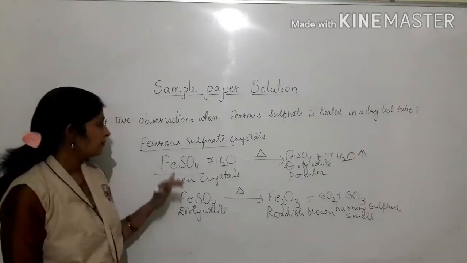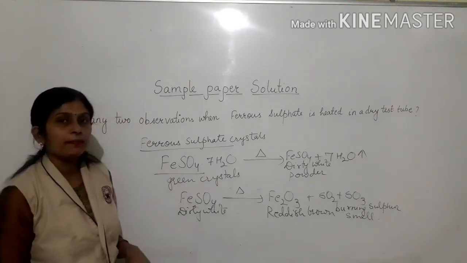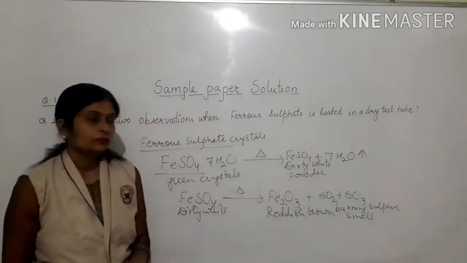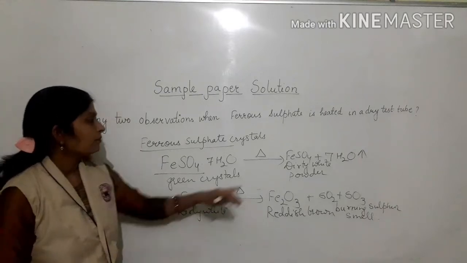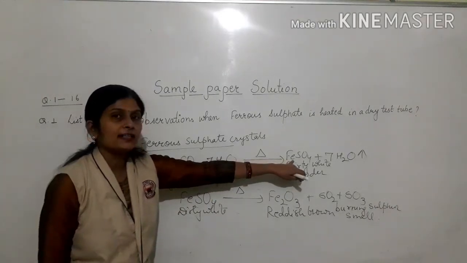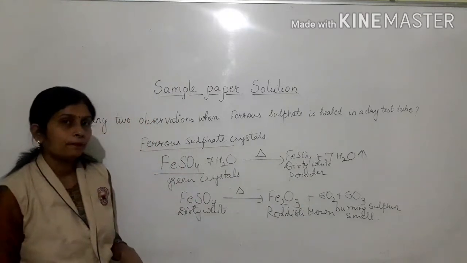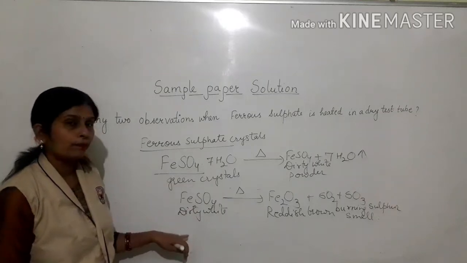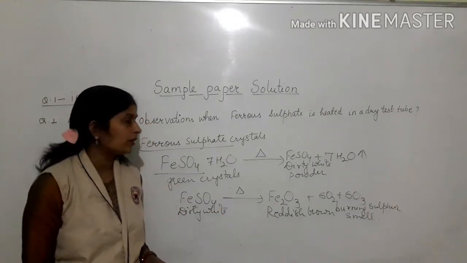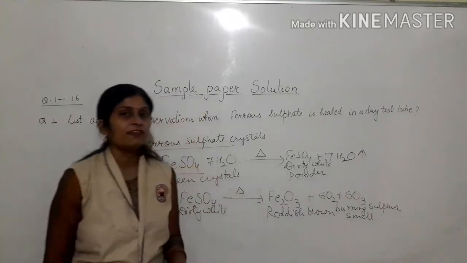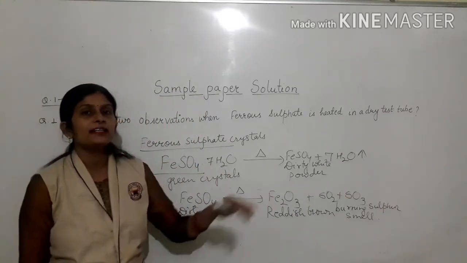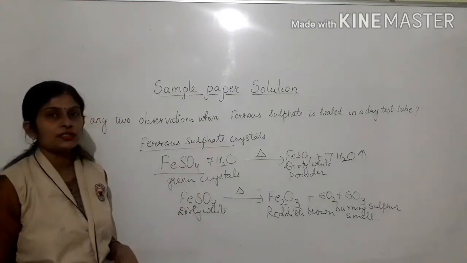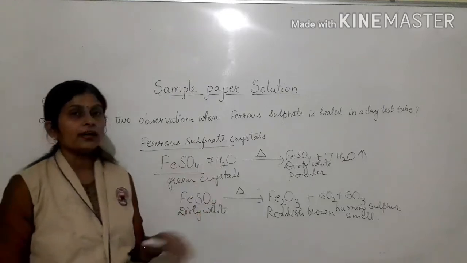Due to this, green color and crystalline shape disappear and dirty white powder is formed. Okay. Now, this FeSO4 ferrous sulfate, which is a dirty white powder, on further continued heating, decomposes to form ferric oxide, reddish brown in color, sulfur dioxide and sulfur trioxide gases, which give burning sulfur smell. Okay, so what are the two observations which you can record here?